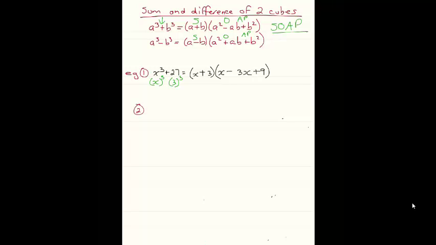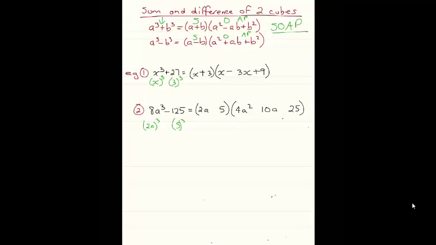So having another go, 8a cubed minus 125. Well, 8a cubed is 2a all cubed. 125 is 5 cubed. And then we go back to our definition again. So our first set of brackets, we just keep those 2 terms. We don't do anything to them. In our second set, we square the first, then we do the product of the 2, and then we square the second.